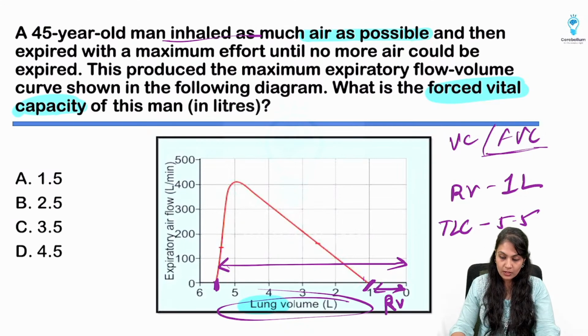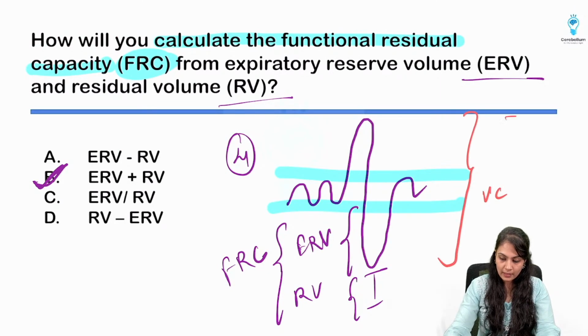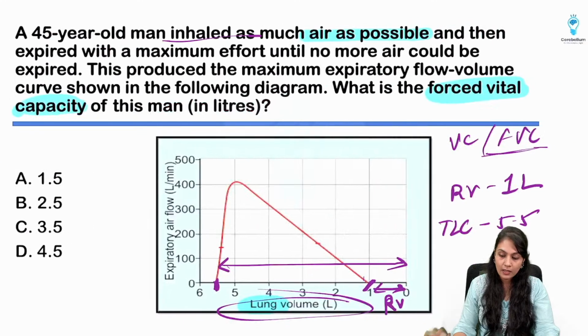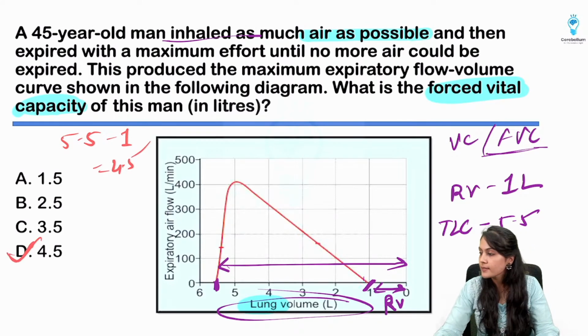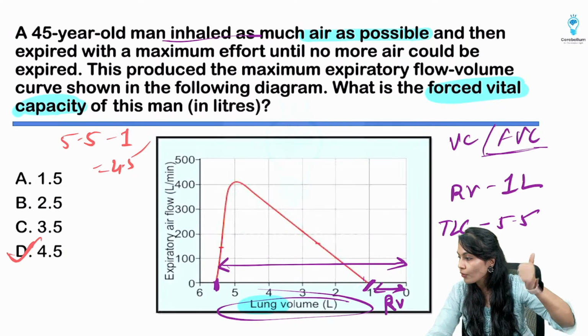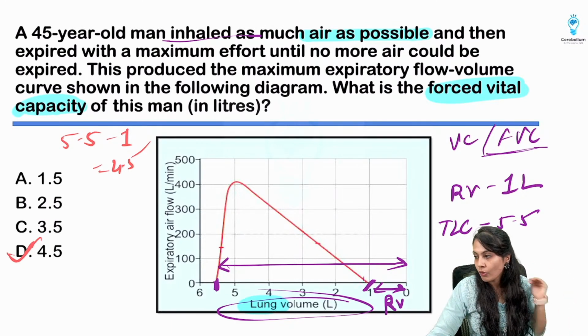See over here, we have made this diagram, so we'll just add it. This was vital capacity, and this is the total lung capacity. I just have to subtract the RV from the total lung capacity. So the TLC, 5.5 minus 1, is 4.5, which is going to be the answer over here. Easy? Yes. I've got the answer from Aditya, Roy, Sahil, Shubham. All of you are wonderful.